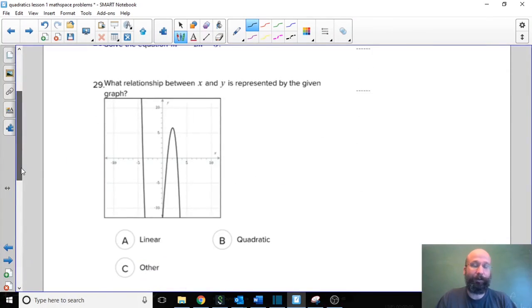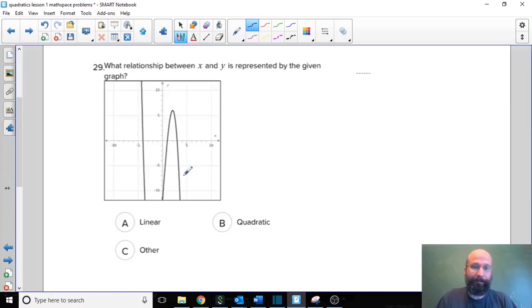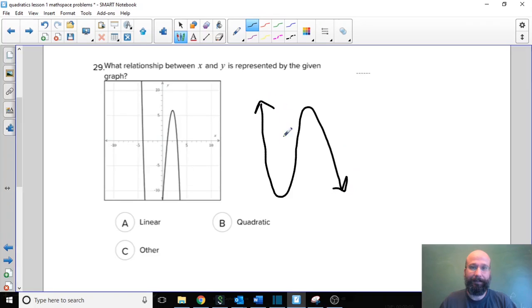Number 29. What relationship between x and y is represented? It's a curve. Actually, this one's a little tricky because it looks like it starts here and goes like this.